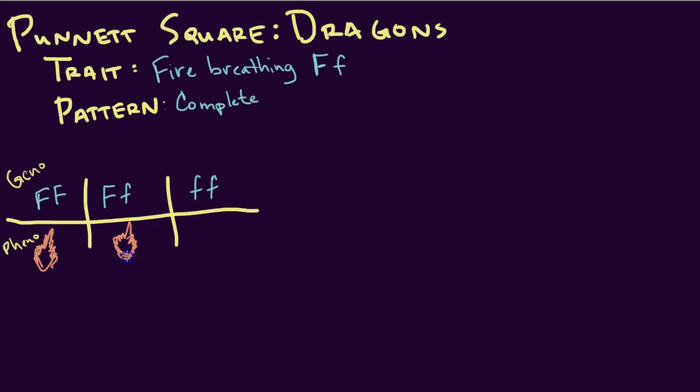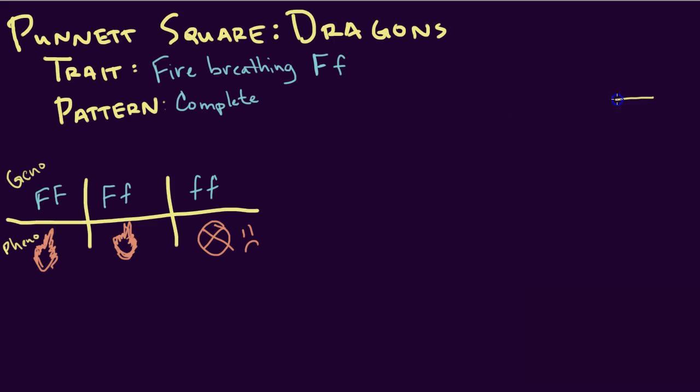There's some more fire. And little f little f in this case means nope, we do not have any fire. So for this one, I'm just going to put bummer, sad face, no fire. Okay, so this dragon might be a little bit safer, but it's not going to be as frightening.